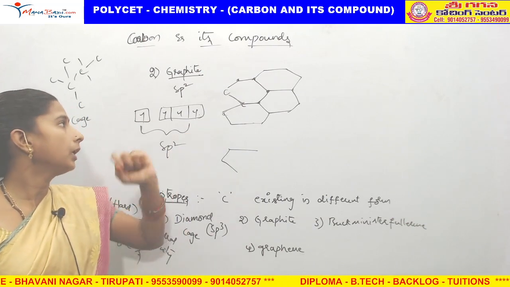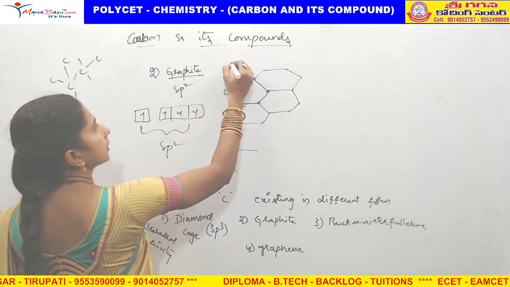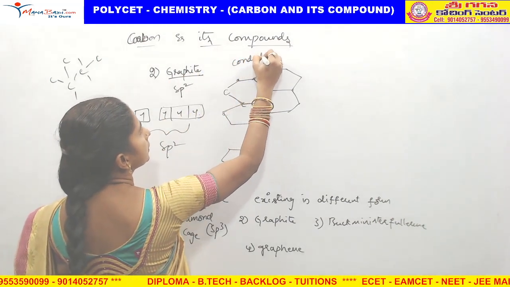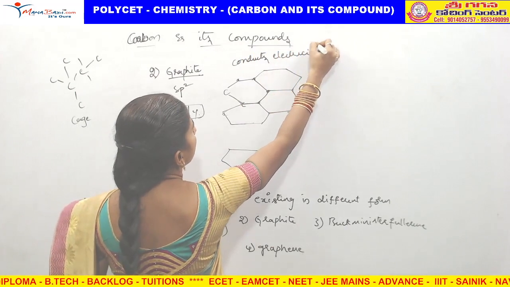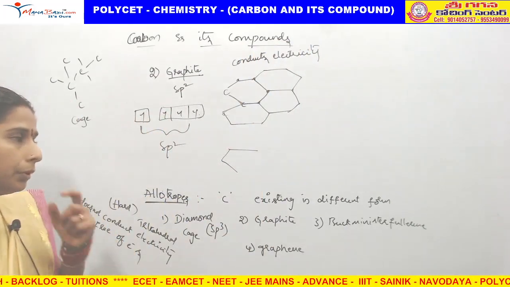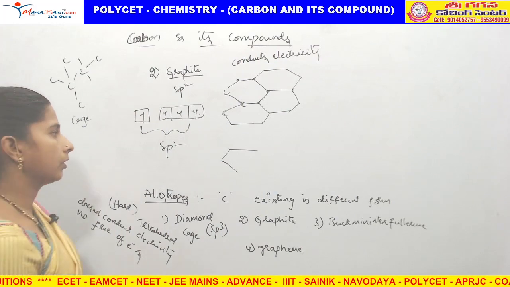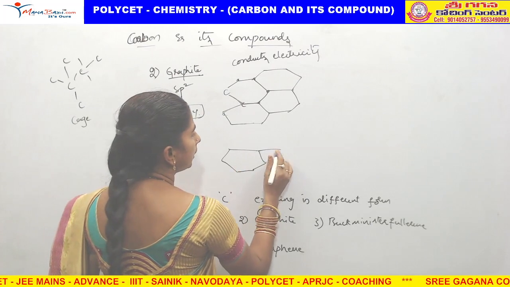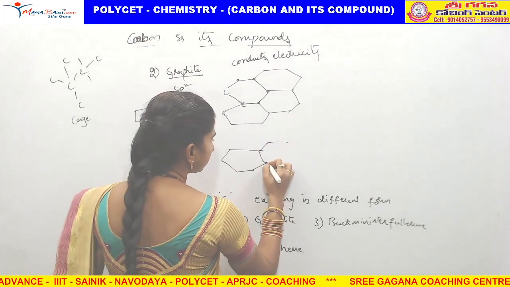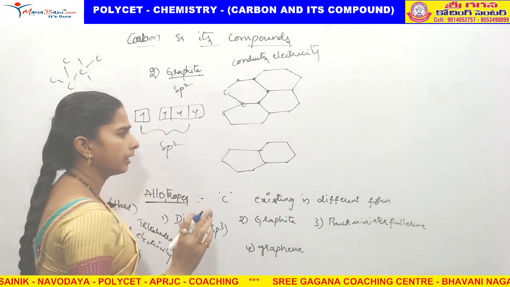Due to the free electron, it conducts electricity. Graphite conducts electricity due to the presence of a free electron. And due to the layered structure, it is not hard like diamond.